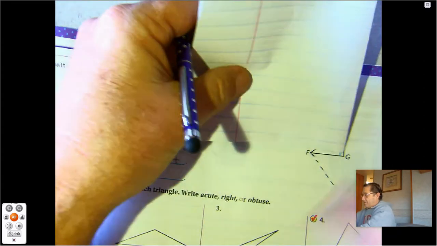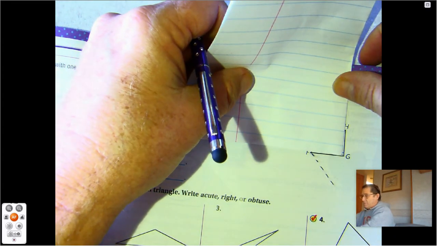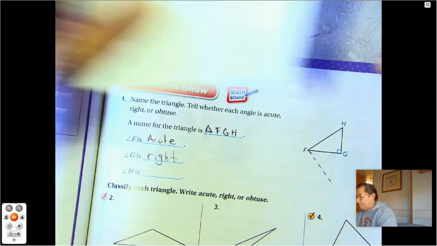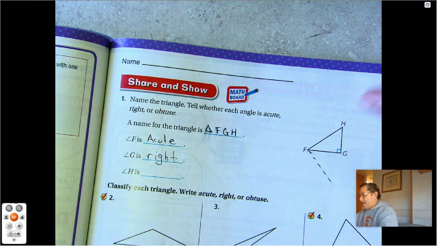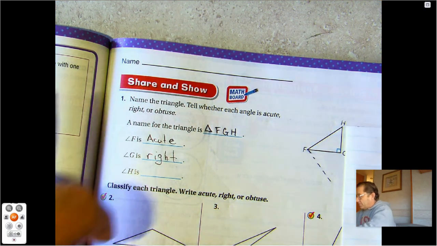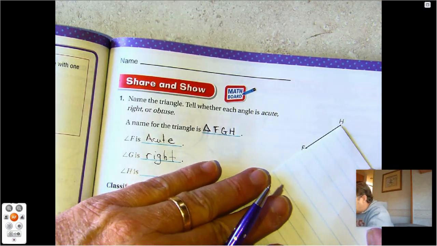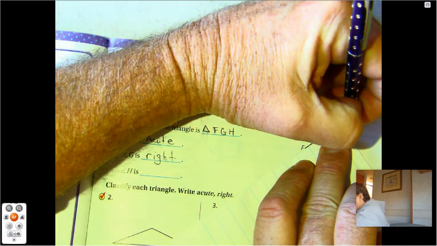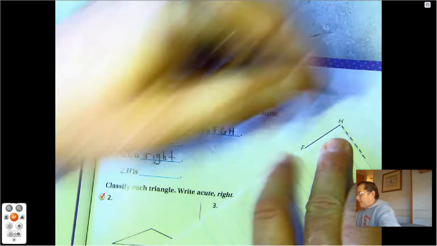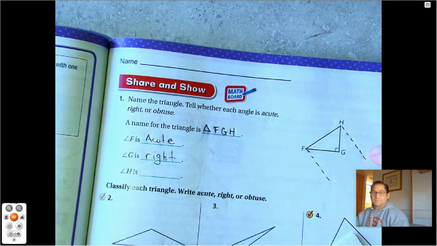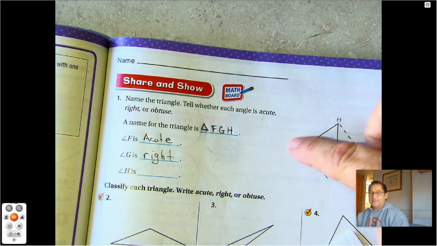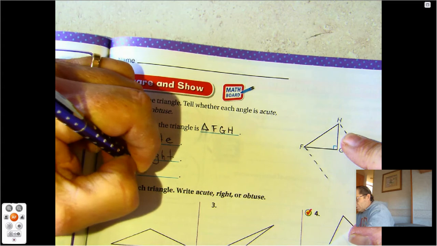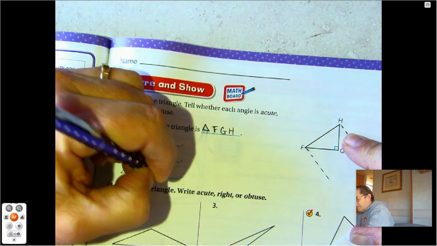If we wanted to just confirm it, we would notice that it lines up perfectly with the corner of my paper. Okay. And angle H. If I line up this side of it, if it was a right angle, it would come out to here. So angle H would go like this, but it's not. It's coming in. So this is also an acute angle.